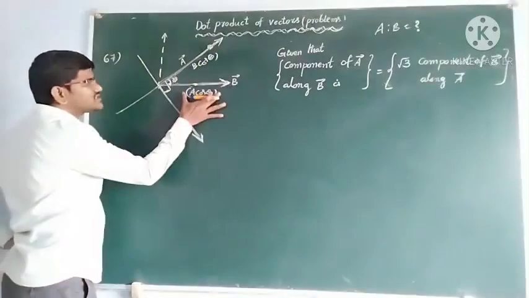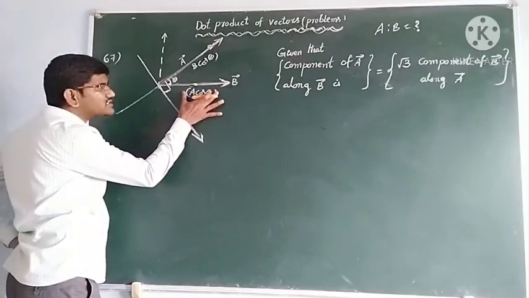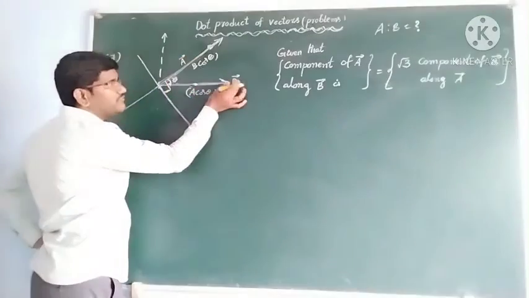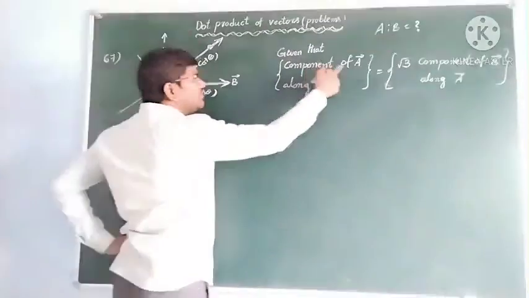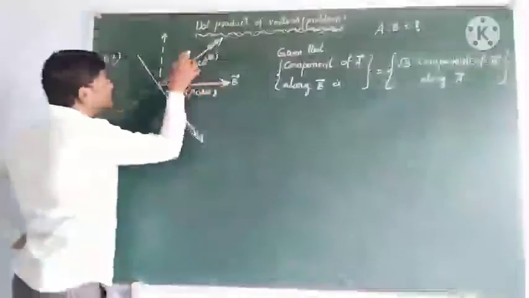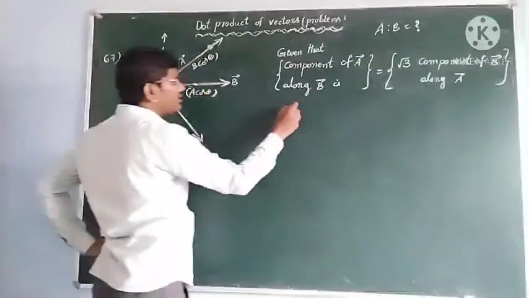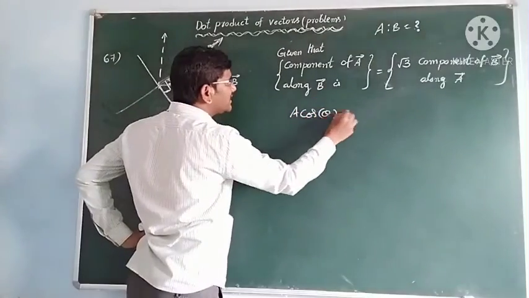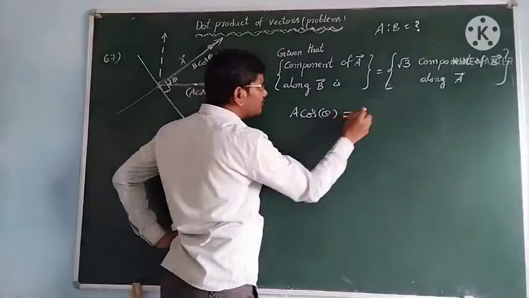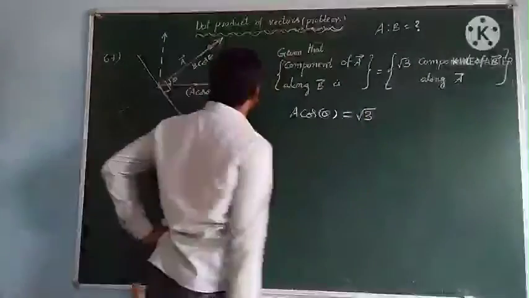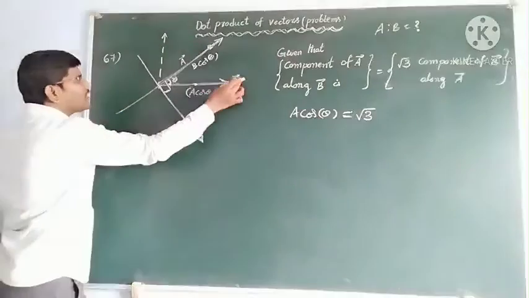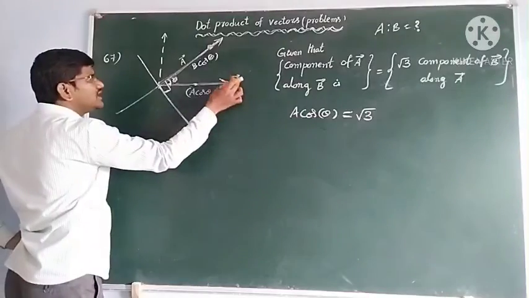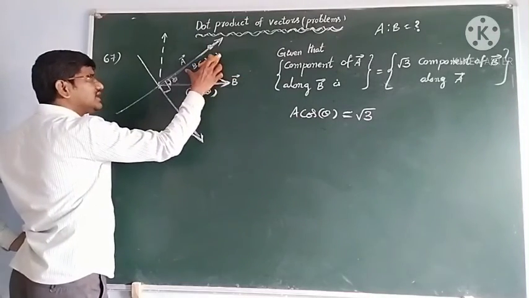And a cos theta is the component, some part of a in the direction of b. So now the component of a bar along b bar: a bar is a vector, its component is a cos theta, which is equal to root 3 times the component of b bar. b bar is a vector, its component is b cos theta in the a bar direction.